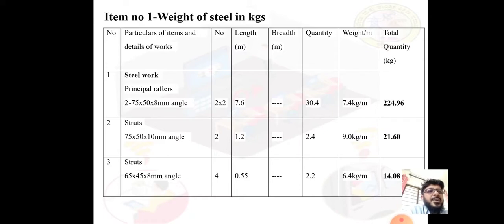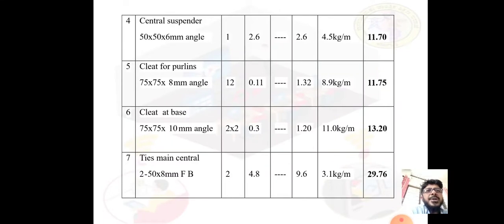Total length is 0.55 into 4, means 2.2 meter, and its weight per meter is 6.4 kg. 6.4 into 2.2, we get total weight as 14.08.